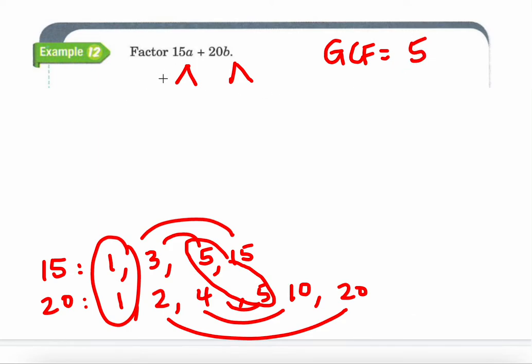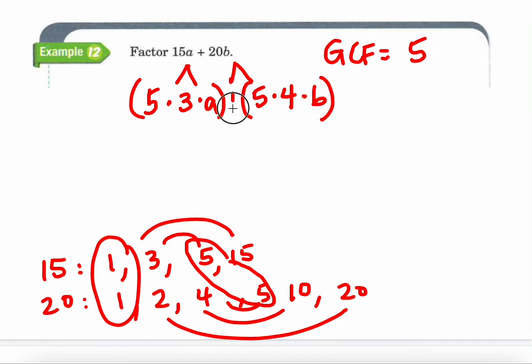Okay, so that means I'm going to rewrite these. So 15a will instead now be written as 5 times 3, right? 5 times 3 is 15, times a. And then 20b is now written as 5 times 4, because 5 times 4 is 20, times b. Okay.